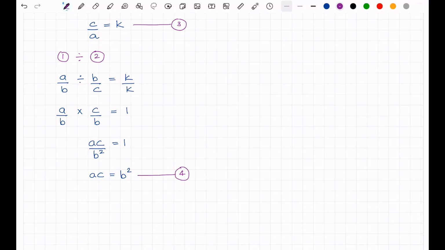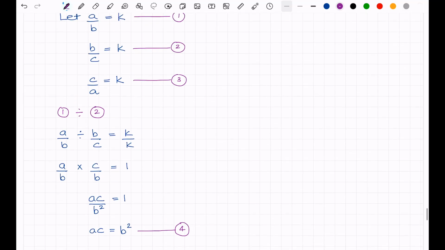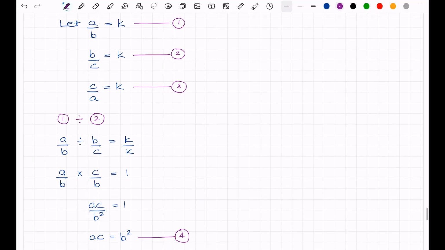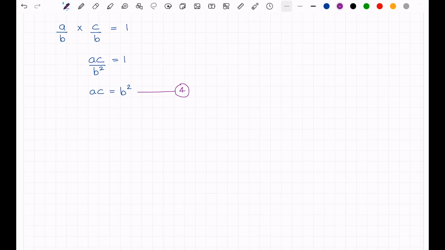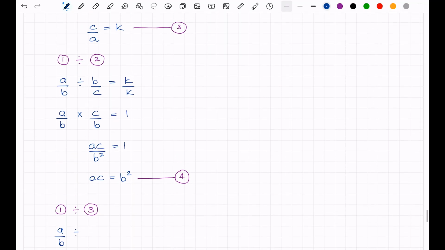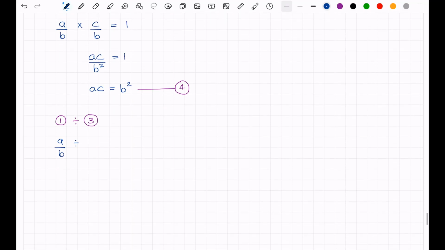What we'll do as the next step is we'll take equation 1, and this time we'll divide it by equation 3. So let's take equation 1 divided by equation 3. So equation 1, the left-hand side was a over b, and that's going to be divided by the left-hand side of equation 3, which was c over a.